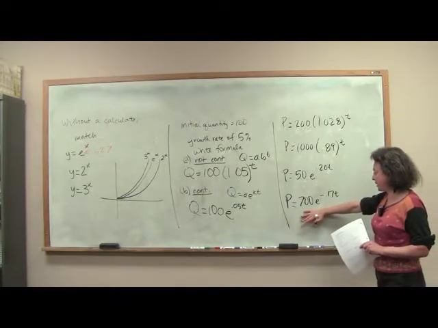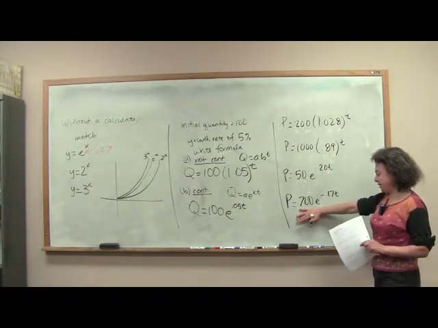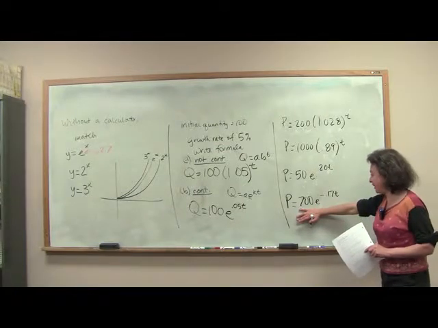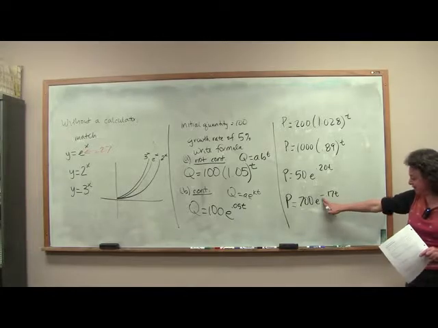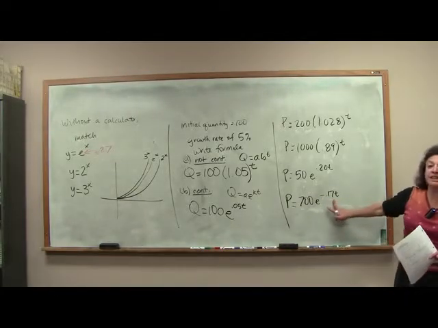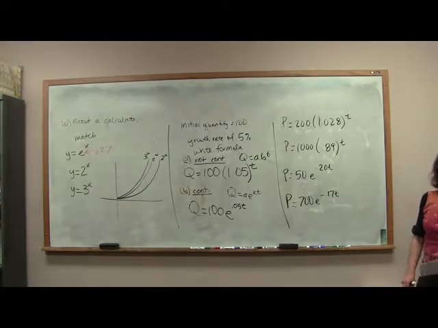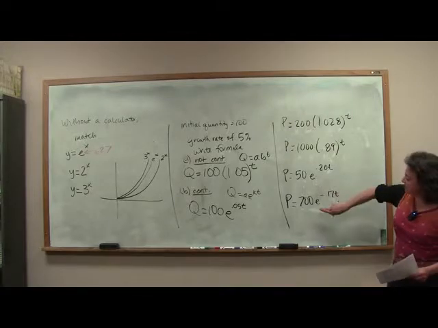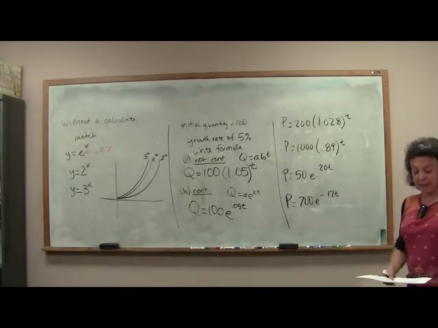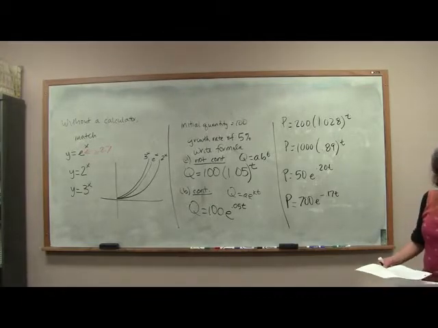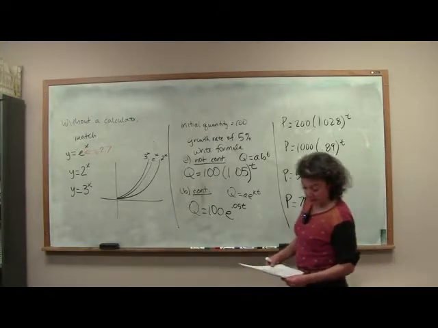And this last one has an initial population of 700, and he is decaying, because it's negative, at a continuous rate of 17%. Notice whenever I have a base of E, I'm talking about it continuously growing or continuously decaying.